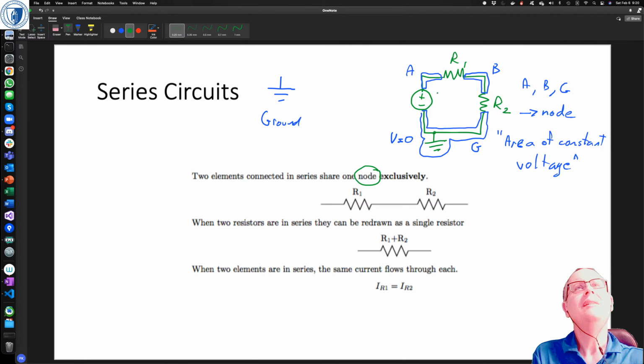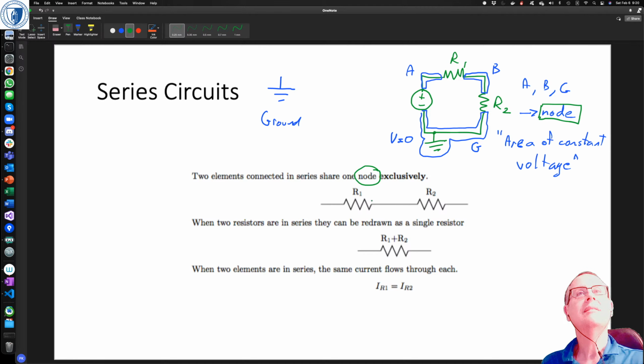So one name that I want you to think about is node. In order to define how circuit elements are in series, I need to define what a node is. So in this case, let's reread the sentence. Two elements connected in series share one node exclusively. Right?